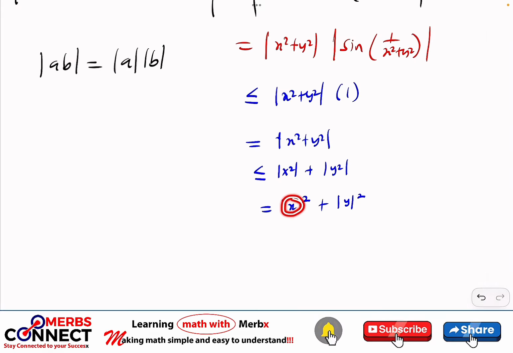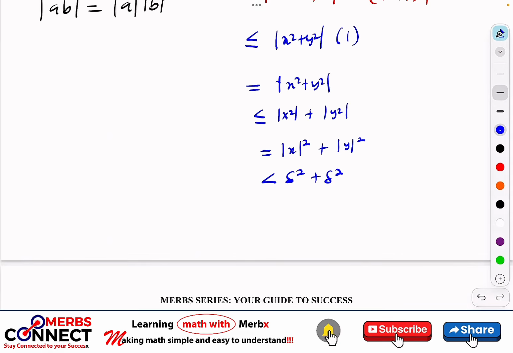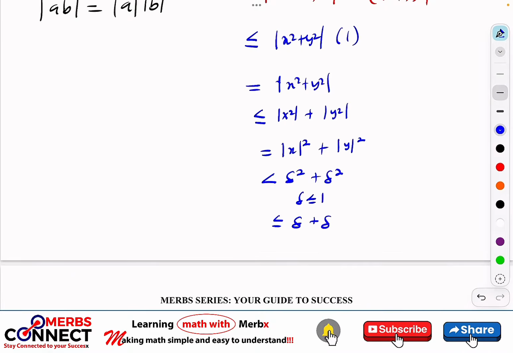Now this is less than delta, this is also less than delta. So this is less than delta squared plus delta squared. Now we choose delta to be less than 1, and this is going to give us less than or equal to 2 delta, right? Or let me say, this is the same as delta plus delta when I choose it to be that.